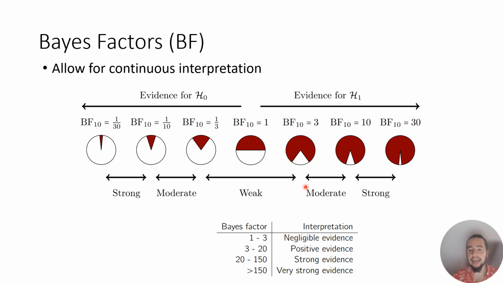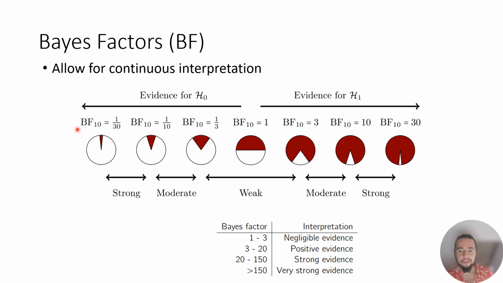Way ahead of 100, 150, we can call it extreme evidence. This happens in a mirrored way, the other way around, between 0 and 1. 1 out of 3, 1 out of 10, 1 out of 30, 1 out of 100, 1 out of 150, or whatever you want. It's indicating the evidence favoring H0.